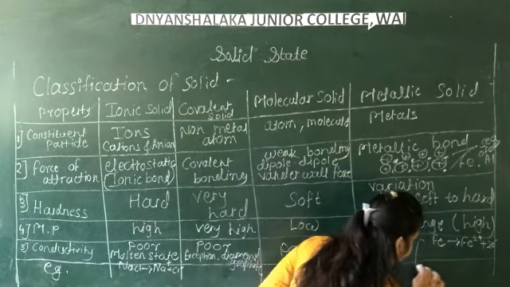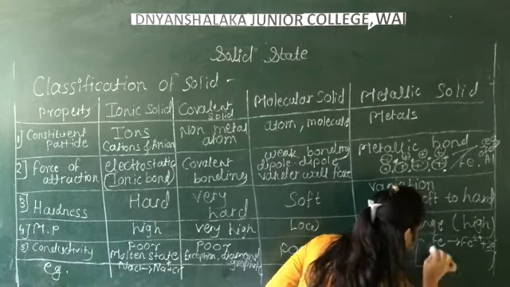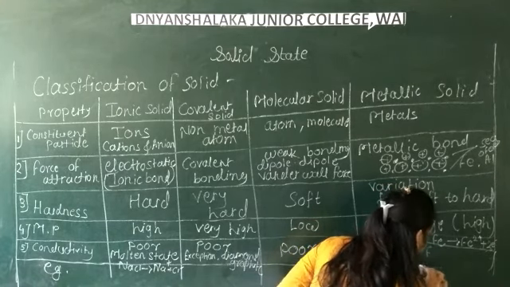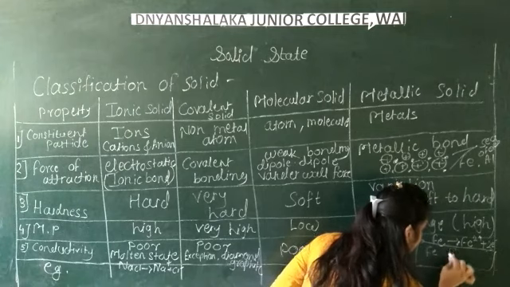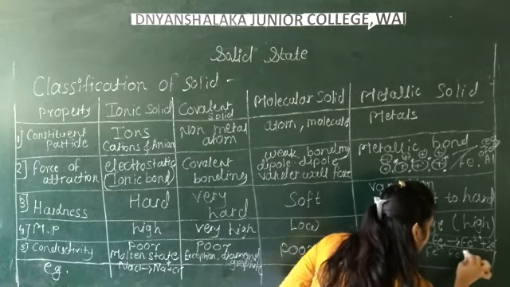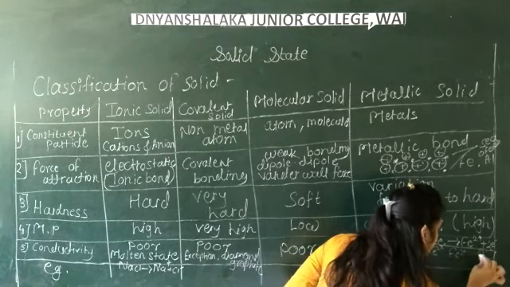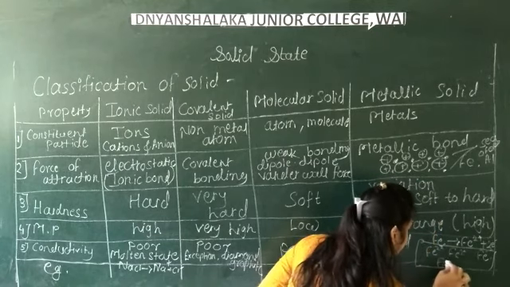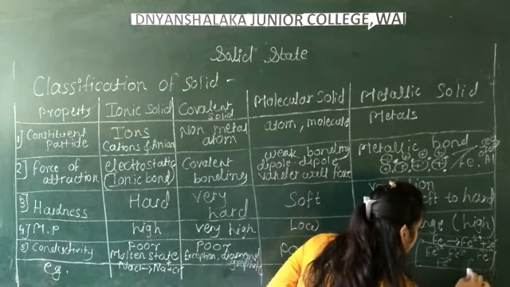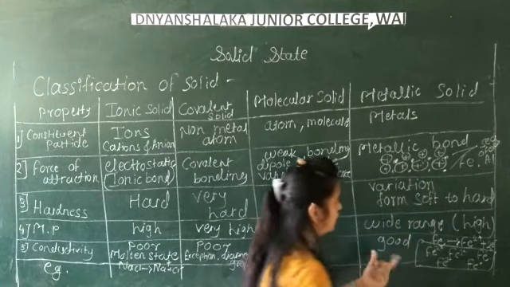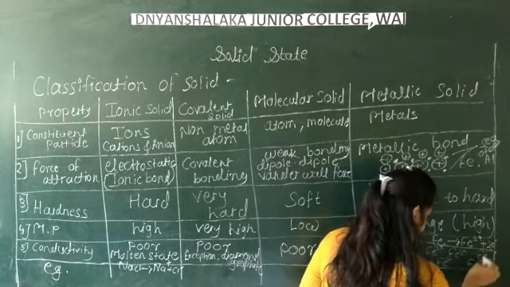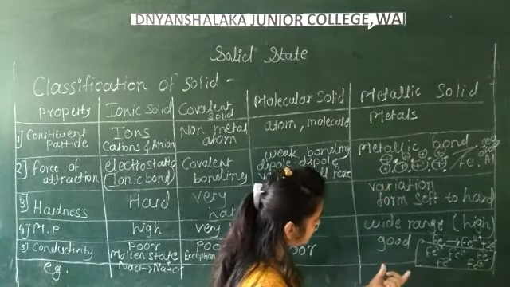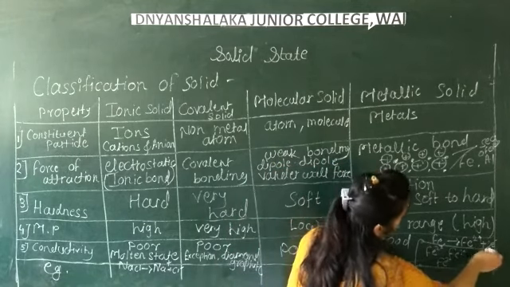For example, these ions are arranged in a fixed manner after removing 2 electrons.